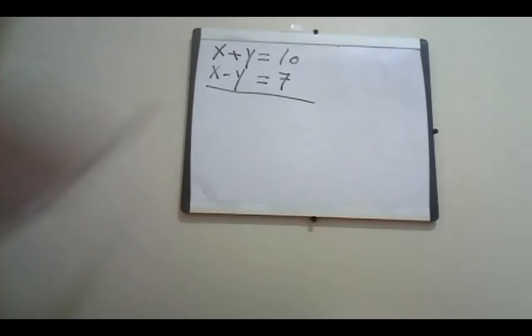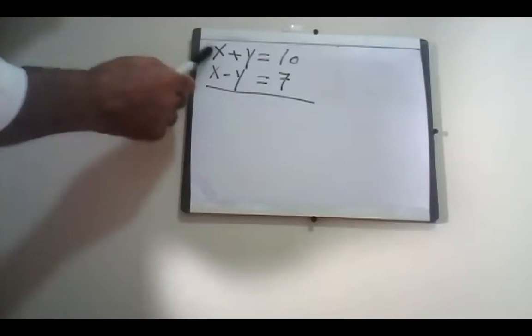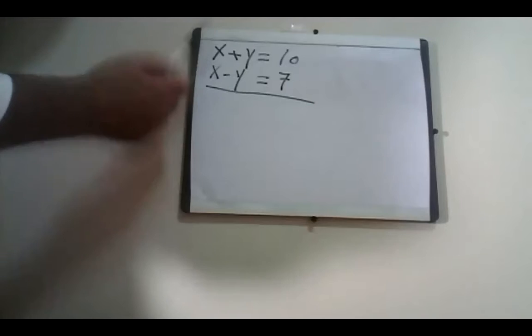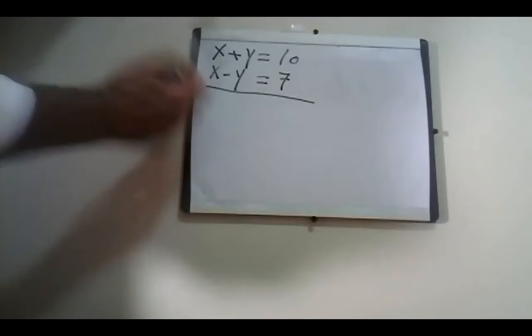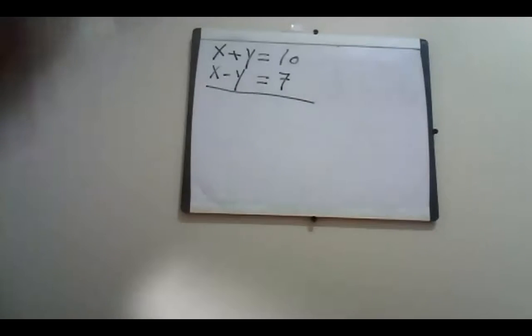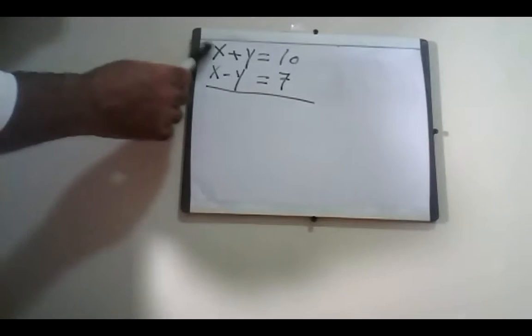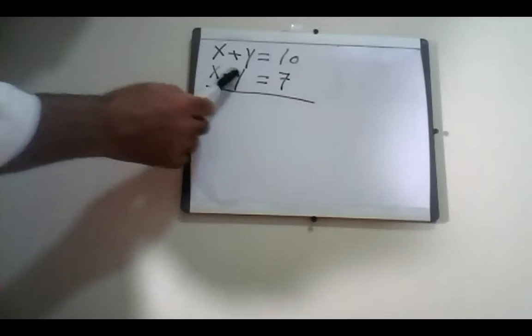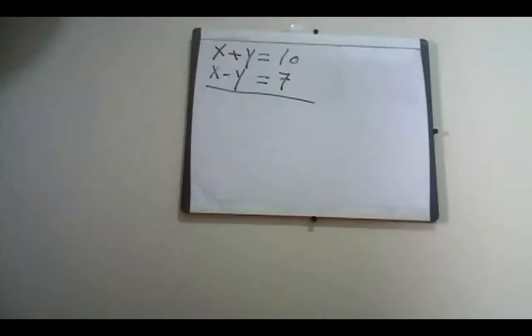I have here a good chance because in both the equations, the coefficient here is 1 and the coefficient here is 1, but 1 is not written. It means 1x plus 1y, and here 1x minus 1y. We don't write the 1, okay?